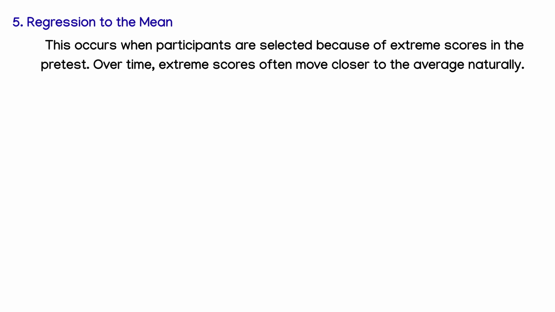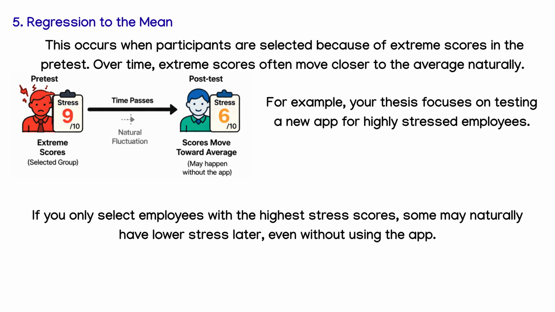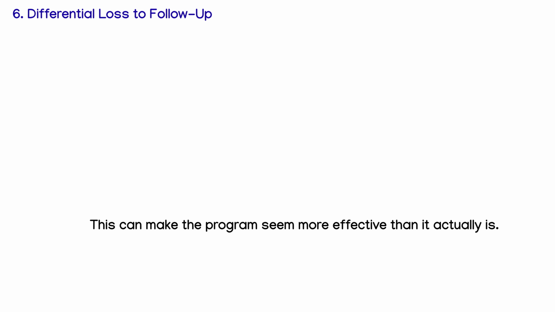Over time, extreme scores often move closer to the average naturally. For example, your thesis focuses on testing a new app for highly stressed employees. If you only select employees with the highest stress scores, some may naturally have lower stress later, even without using the app.